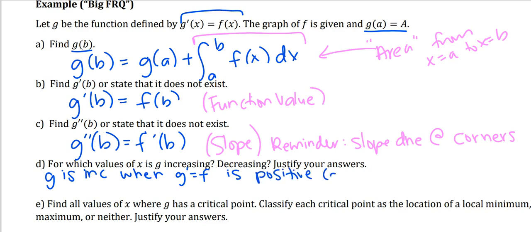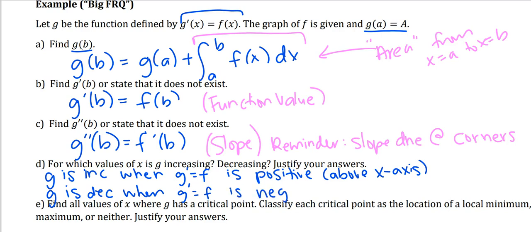So in other words, above the x-axis. And conversely, g is decreasing when g prime, which is f, is negative. Think about your diagram. So that would be below the x-axis.